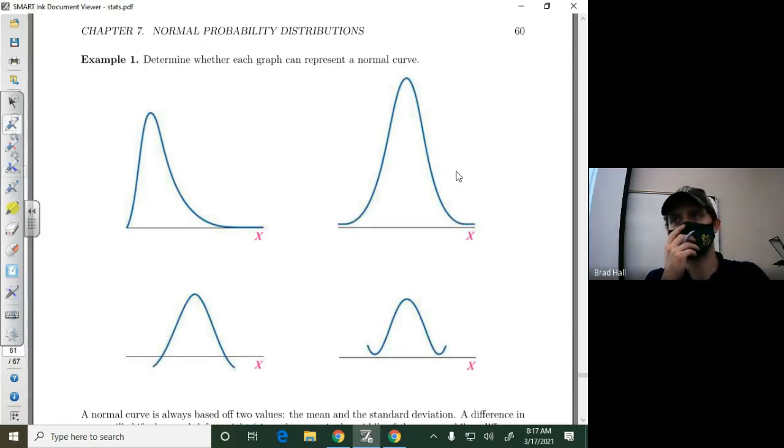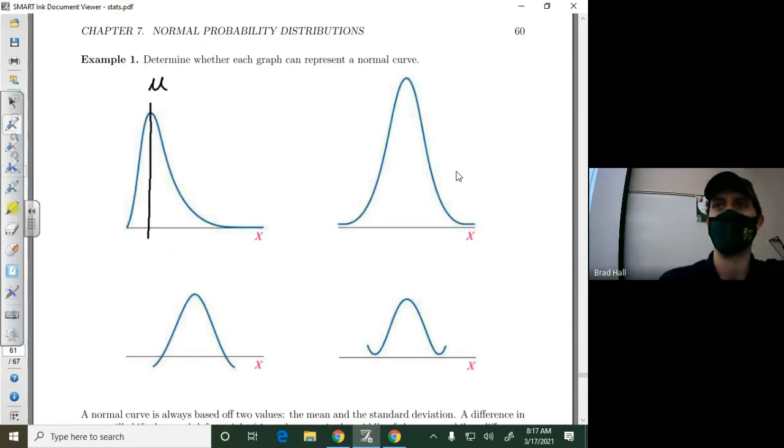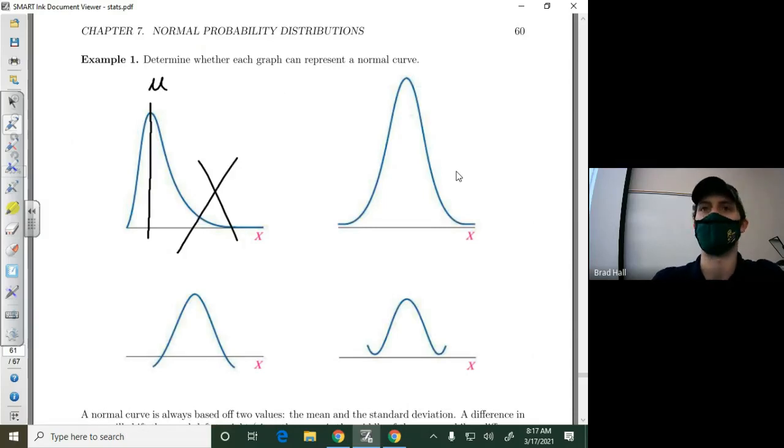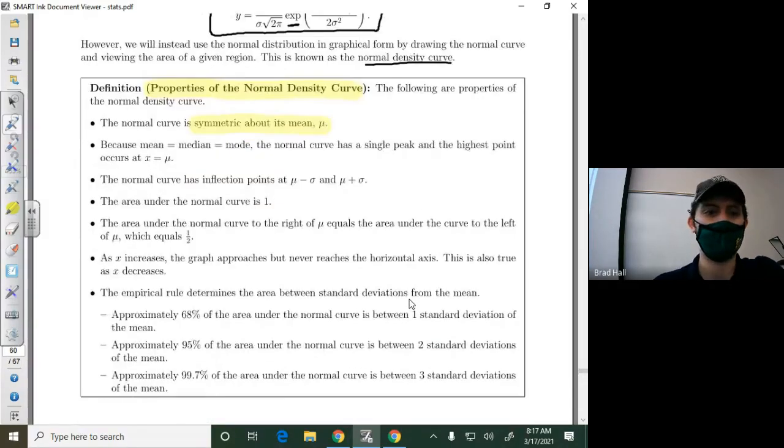What's that? Yeah, it's the first one. The mean's right here. That's not really symmetric, is it? Stuff happening on the left isn't the same as on the right. So this one is not a normal curve. It has to be symmetric. So if you want an example of something that isn't symmetric, that's a good one right there. The rest of them are. So let's keep going. So that's the symmetry one.